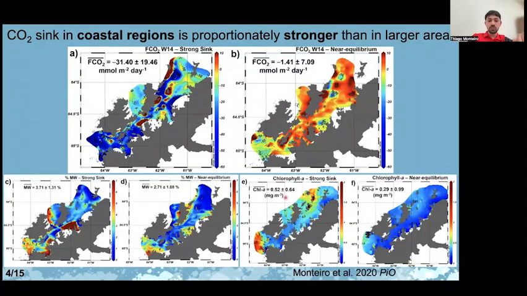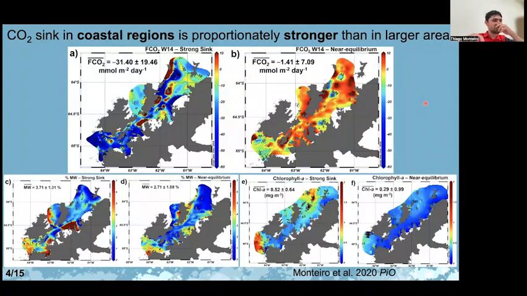So this is what we can see here on the right, where we have the chlorophyll A concentration for both conditions, and when we have a strong CO2 sink condition, we have a higher concentration of chlorophyll A, and therefore higher CO2 uptake.